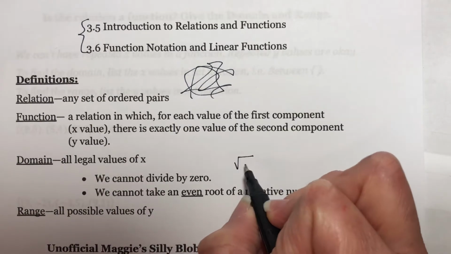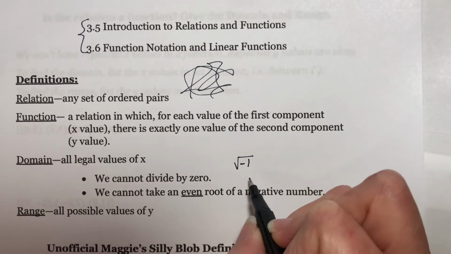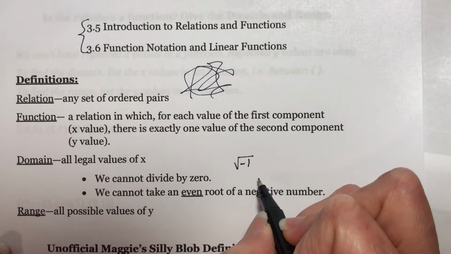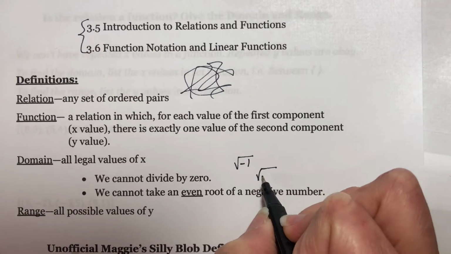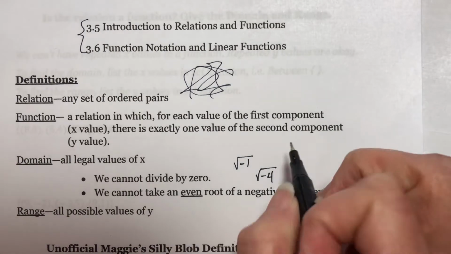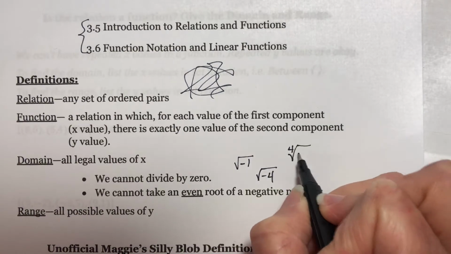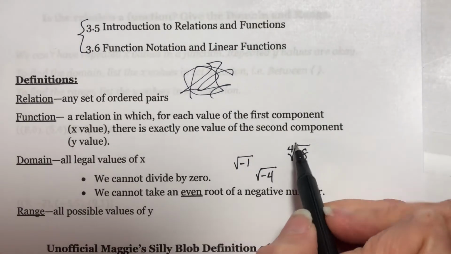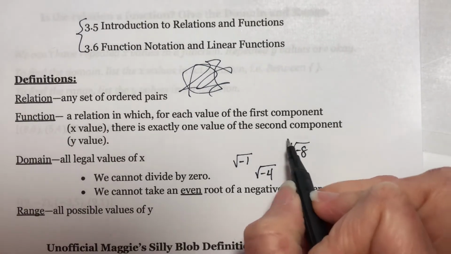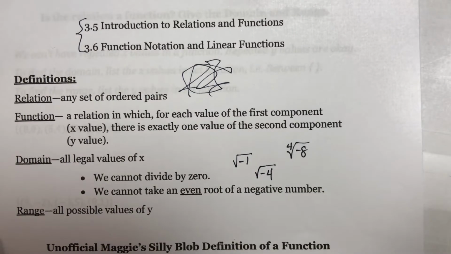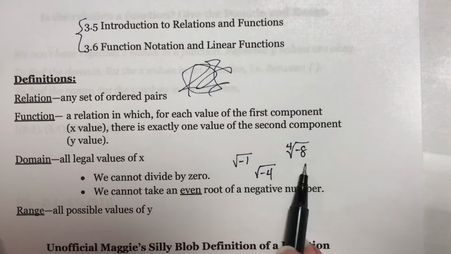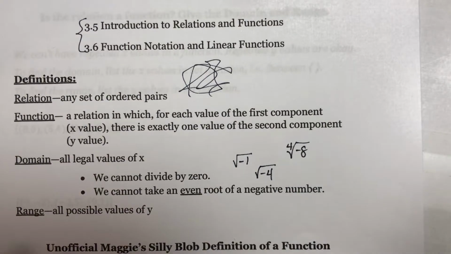So I can't talk about the square root of -1 until much later in this class, or the square root of -4. What does it mean by an even root? I can't take a fourth root of -8 either. If this number, which is called the index, which we get into in much more detail later in the course, is even, you won't be able to do that.